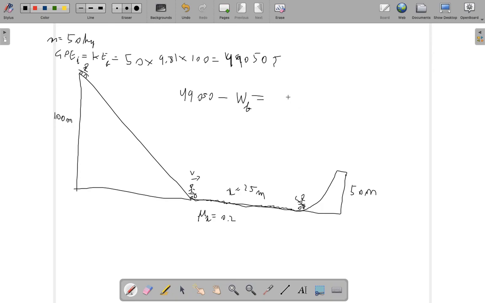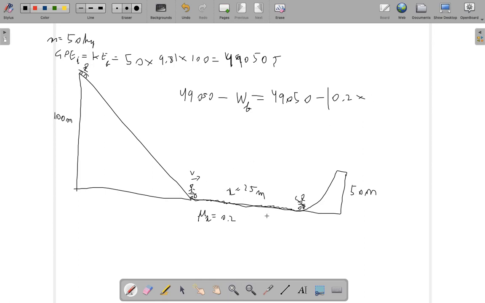So now what is our work done by friction over here going to be? My mouse is not really being cooperative today, but that's okay. It's 0.2 times the normal force.